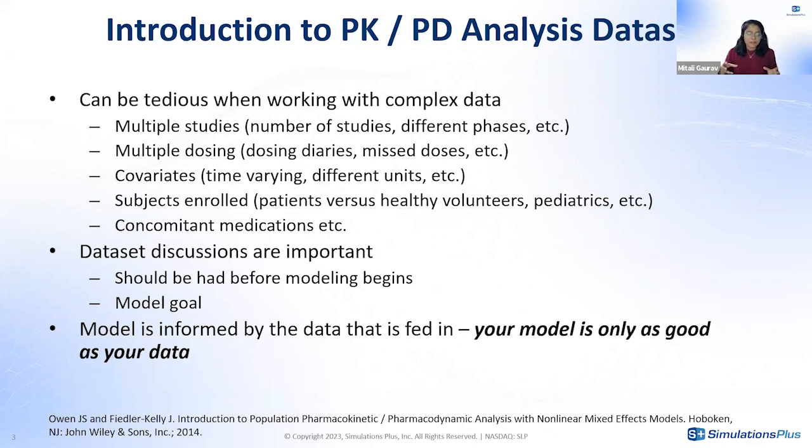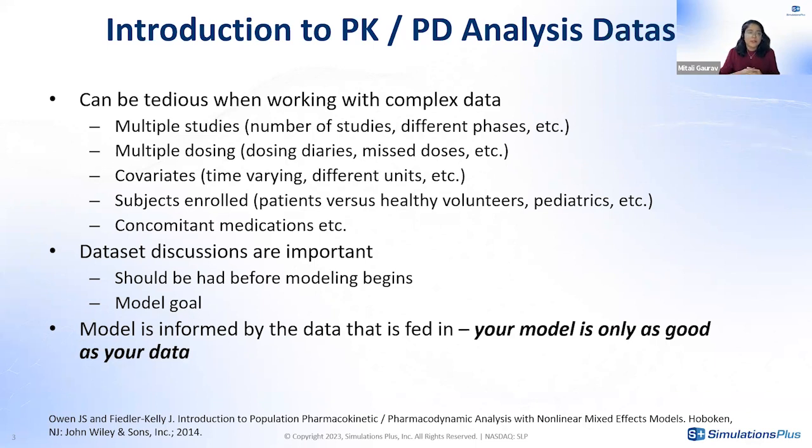Say your study is a multi-center study and one part of the study is being conducted in a part of the world where they capture weight in kilograms, and then you have the other part of the clinical study being carried out in a different part of the world where they capture weight in pounds. You need to make sure all the conversions are taken into consideration before you put your data set into the software for analysis. And all of this, as you can imagine, can be very tedious and very complex to handle.